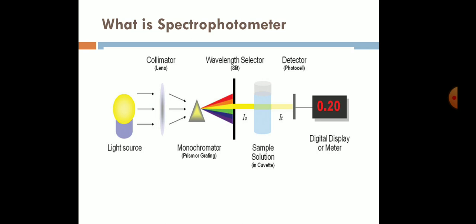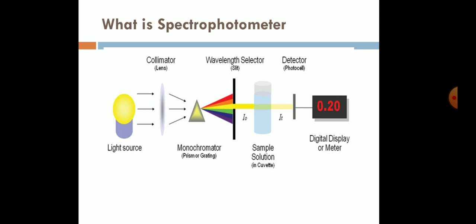Now this figure shows the instrumentation of a spectrophotometer. What is a spectrophotometer? It is recording what part of a light is absorbed by the sample when it is passed through it. Now we can see that it begins with the light source. Light source means the region of electromagnetic radiation which we have chosen.